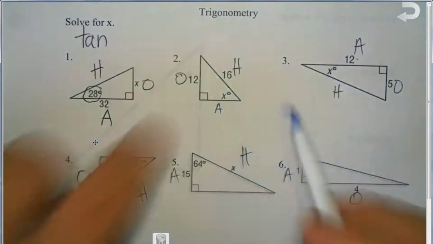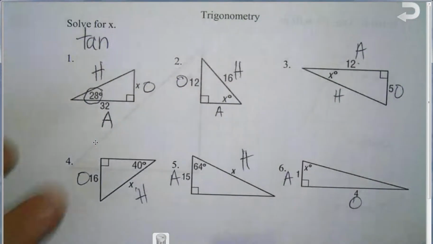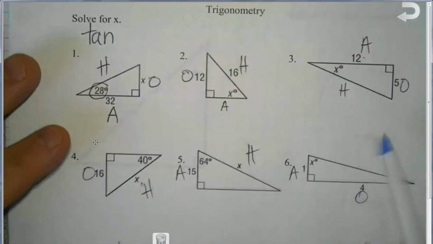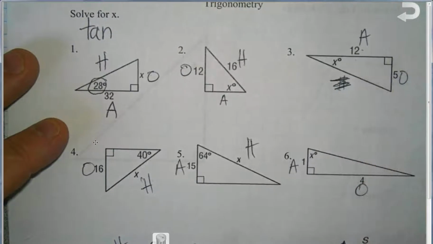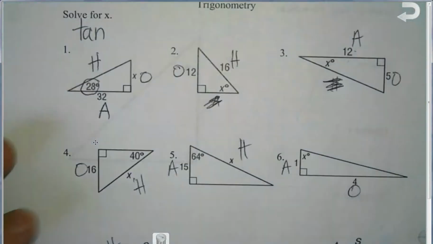And it's based on the two numbers that are given. Now, in numbers 4 through 12, it might be where the x is. It's going to be the x in a number. So like the side that doesn't have a number doesn't play. So like this has nothing to do with this problem. This has nothing to do with that problem. All right? So go through and tell me whether we're doing sine, cosine, or tangent.